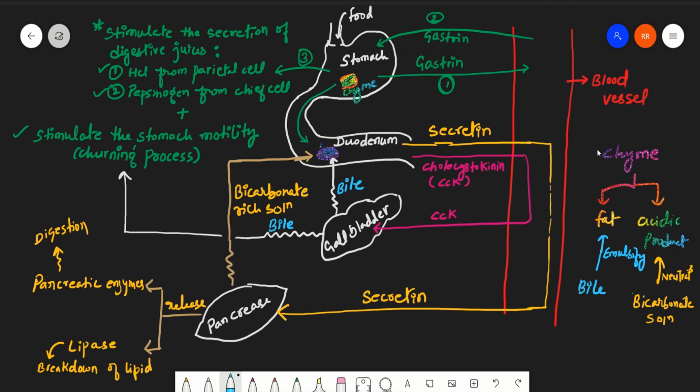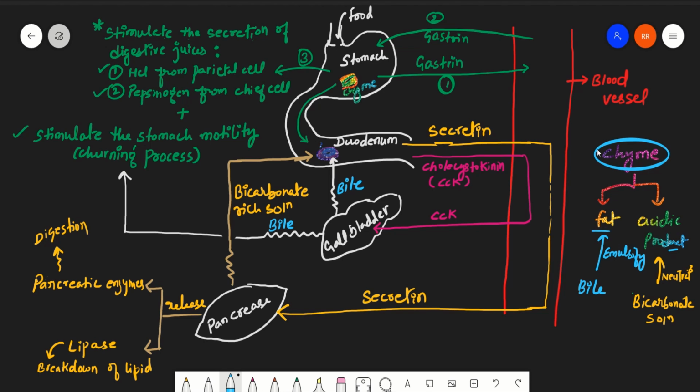So this chyme, if you observe, has two things: a fat and an acidic product. So the duodenum will ultimately help in the release of bile and bicarbonate ion, which neutralizes the acidic product and helps in the breakdown of the fat.